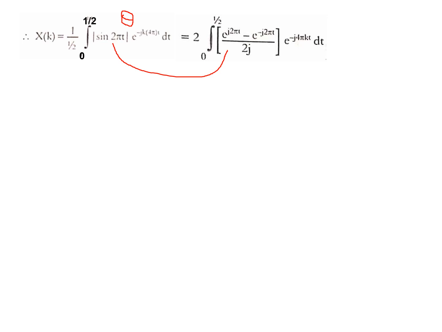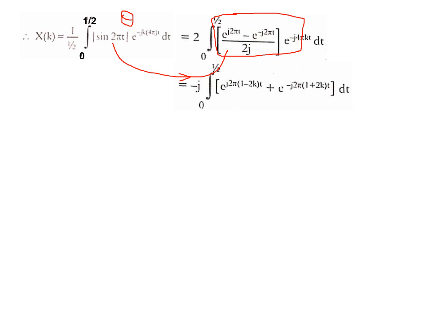That's what Euler's formula is. Wherever sine is there, you can use Euler's formula, so that you can make the integration process simple. Then you can open the bracket and simplify, you know the mathematical part very well. You can take 2j outside. When you take 2j outside, 2 cancels.